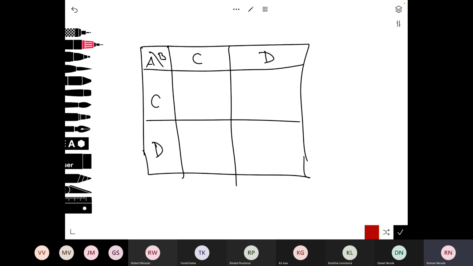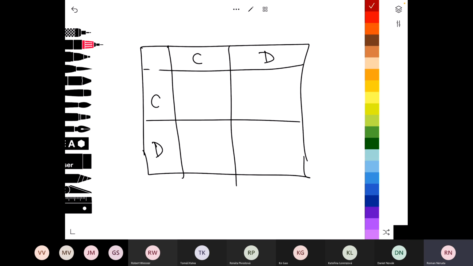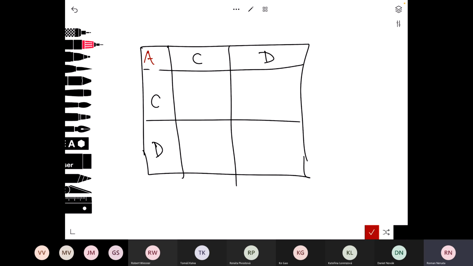Let me try to use colors. So we have A and B, like this. Okay, the idea is that here we will have different numbers, spent in years, as sort of the outcomes.